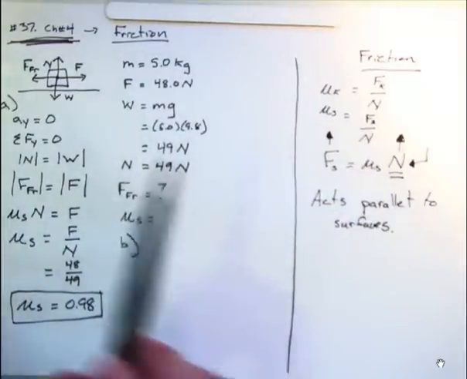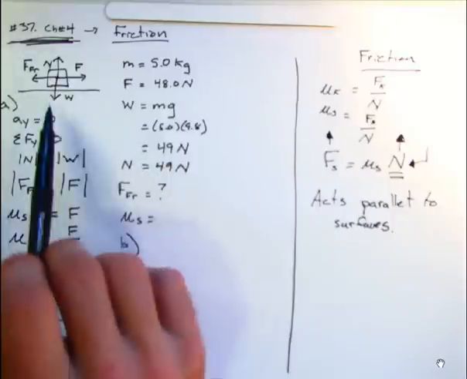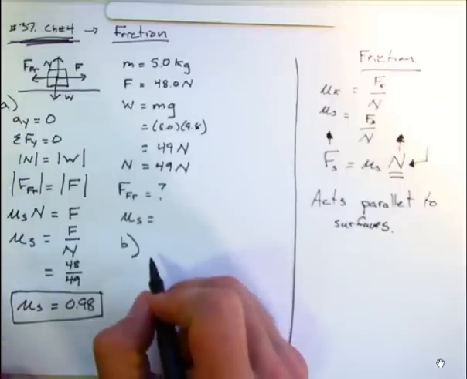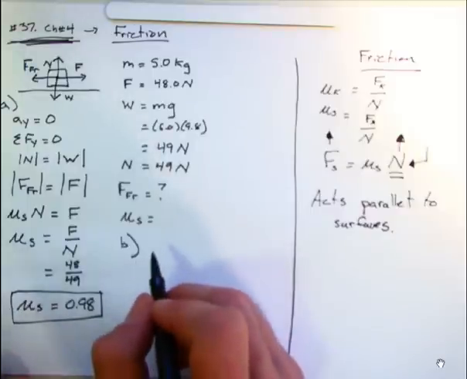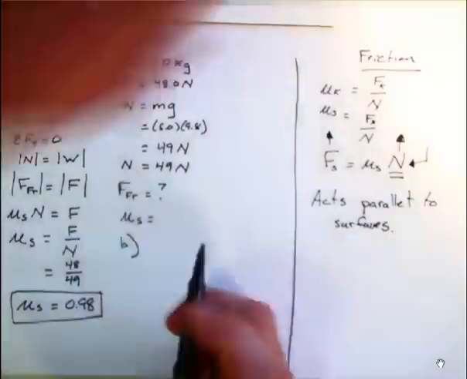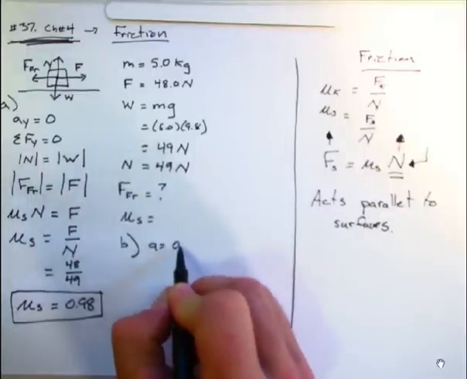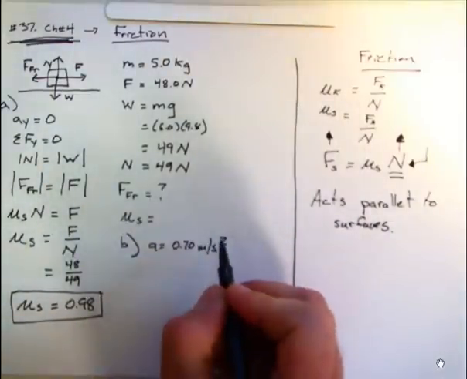As soon as the box starts to move, it accelerates, and the acceleration, we're told in the problem, is equal to 0.70 meters per second squared.